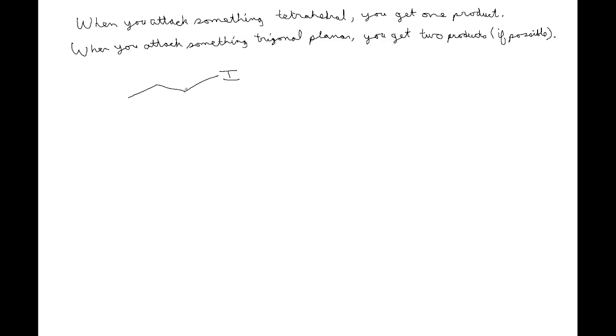What's the geometry of this carbon? Tetrahedral or trigonal planar? Tetrahedral. Because it's sp3 hybridized. That's right. What's the geometry of this carbon? It would also be tetrahedral. Right. What's the geometry of this carbon?